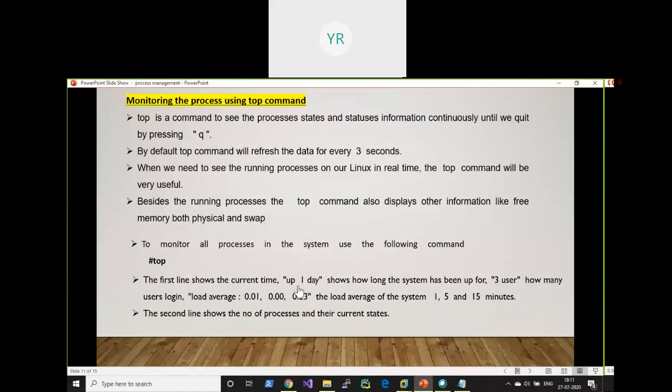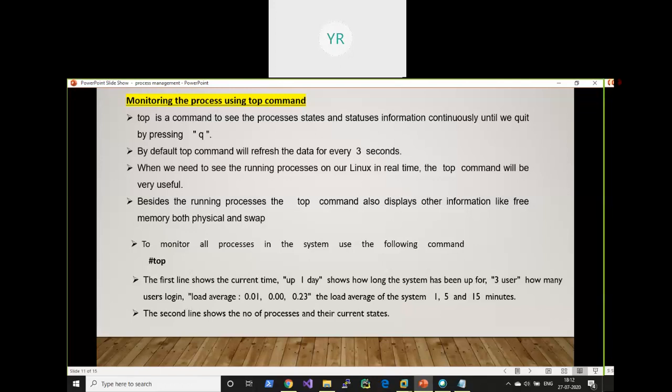Then "up 1 day" shows how long the system has been up. It gives the uptime. If you use the uptime command in Linux, that will give how long the system has been up.